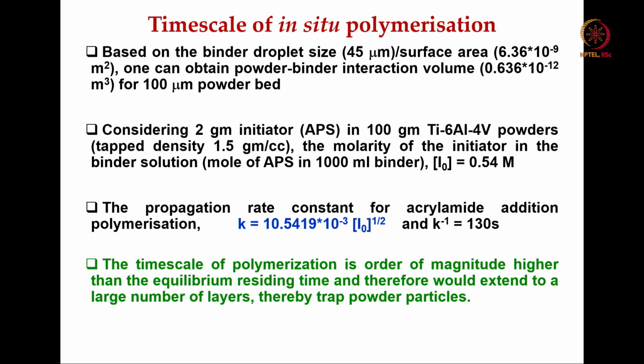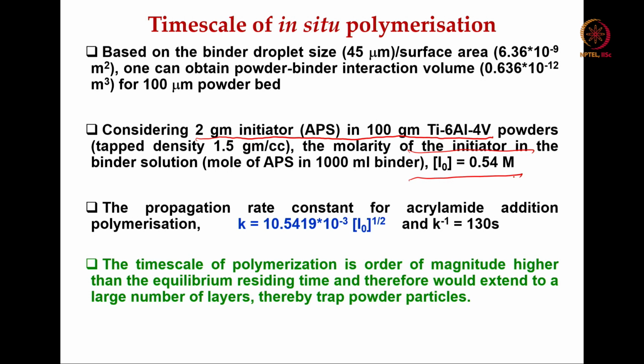So, this is what I have already described to you, but what is the second point? First point is well taken. Second point is that if you add 2 gram of the initiator APS in 100 gram Ti6Al powder, then the molarity of the initiator is like 0.54 molar.